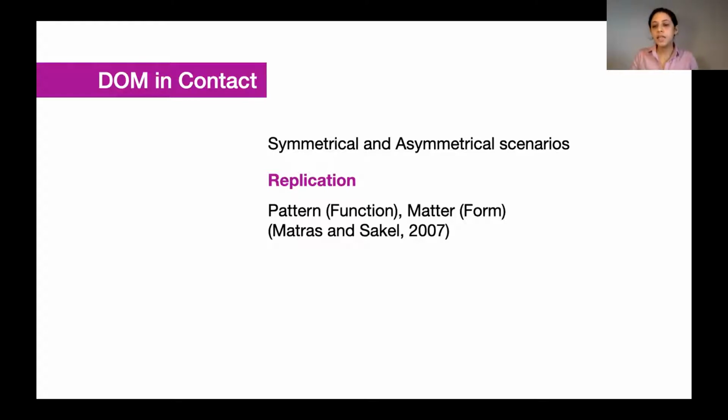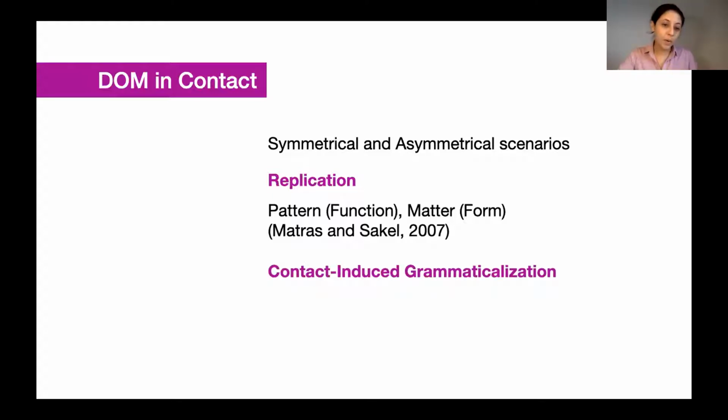So what they find in DOM and contact studies is that it's more often the case that the pattern, the function is borrowed, but not the form. And this, of course, is a lot harder to prove in terms of contact because it's hard to prove that a language is borrowing a function.